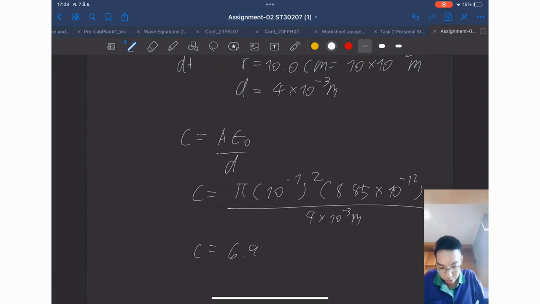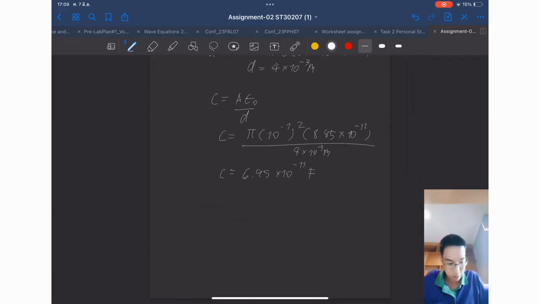We get C equal to 6.95 multiplied by 10 to the power minus 11 farad.